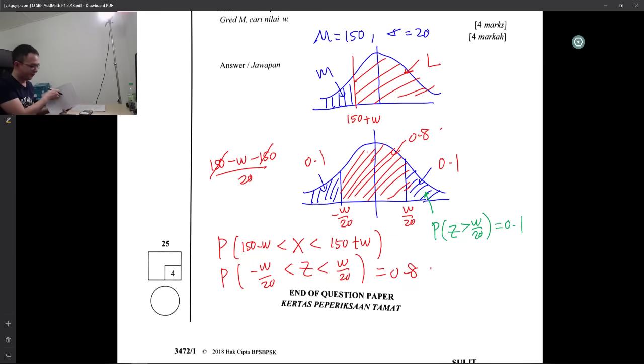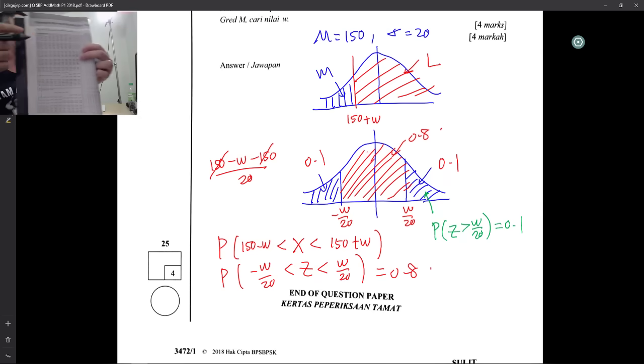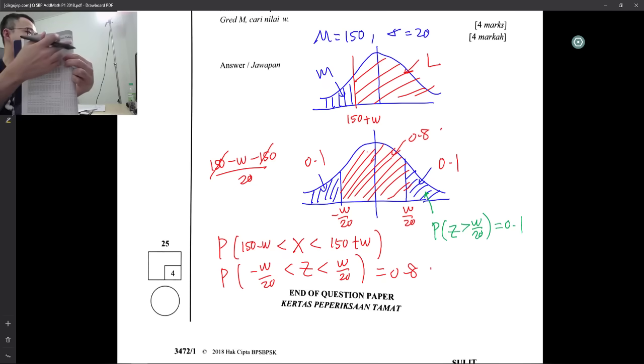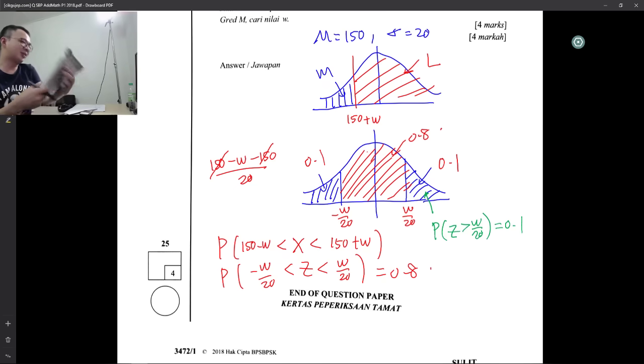Then you look at the table. Maybe you can't see the table clearly, but you want to find 0.1 in it. The value for 0.1 is 1.281.